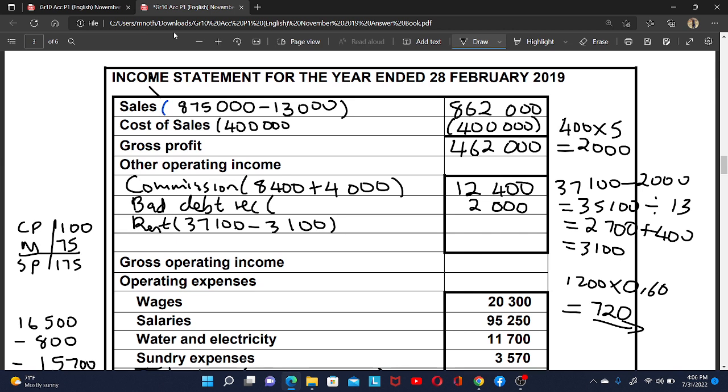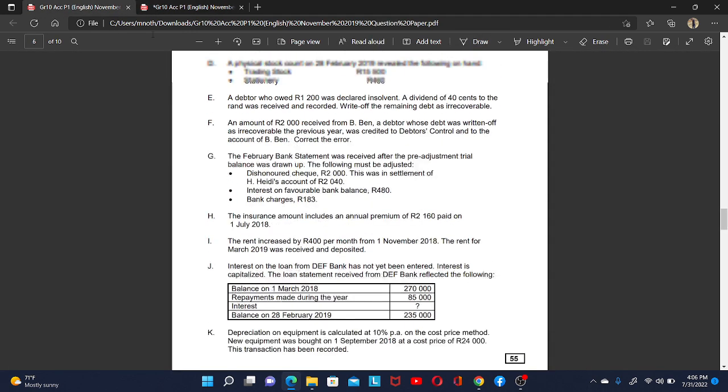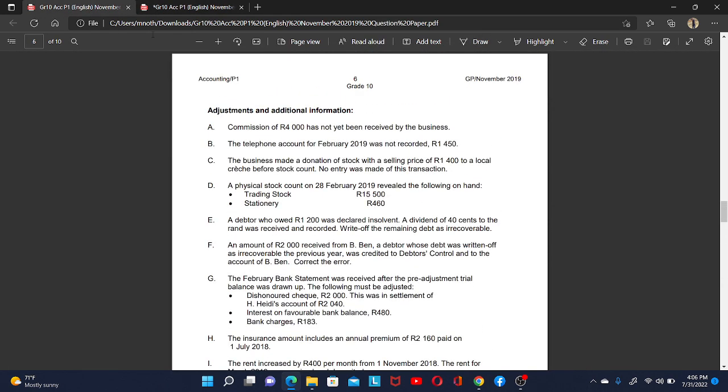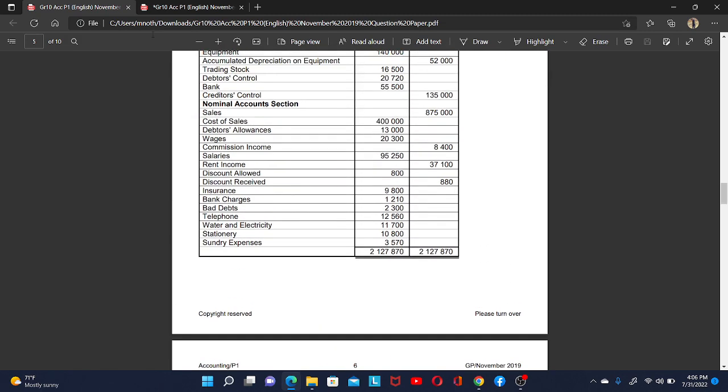And then we have the rent. Rent is 37,100 minus 2,100. The answer is 34,000. Okay, let's go and check the trial balance if there's something that is still need to be recorded.